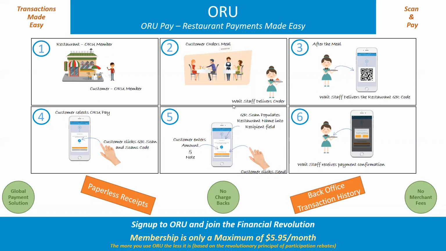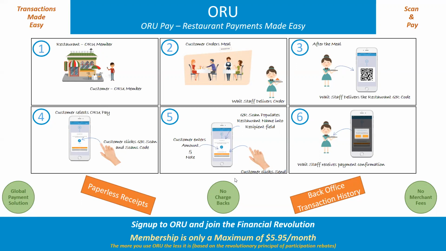Of course, it has relevant state taxes, but no banking or other transactional fees. And this is a global payment solution. Wherever the ORU members are, and we're in over 202 countries now, this system will work as long as the restaurant and the customer are ORU members.